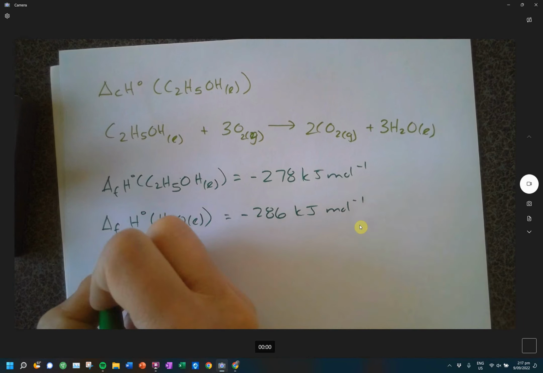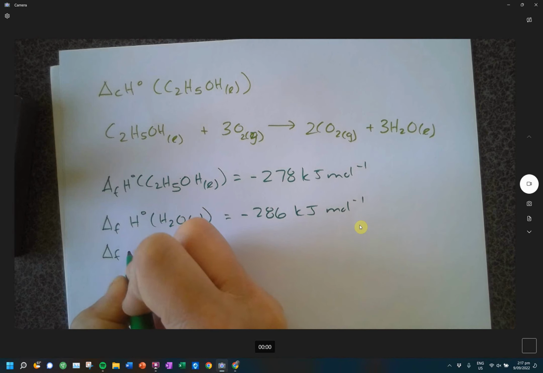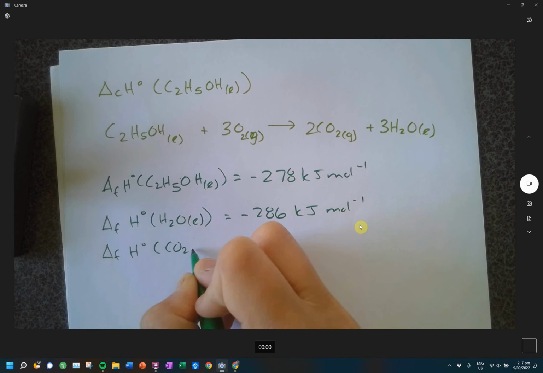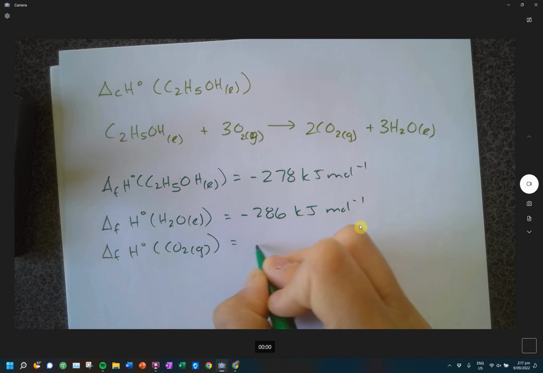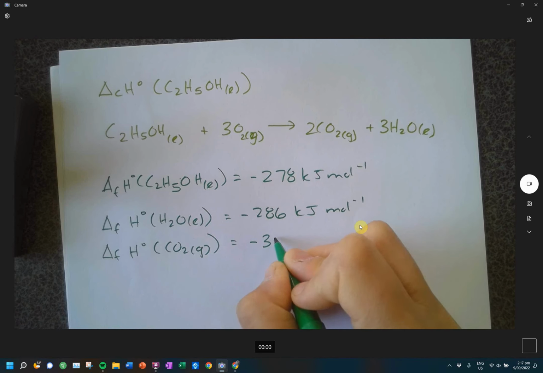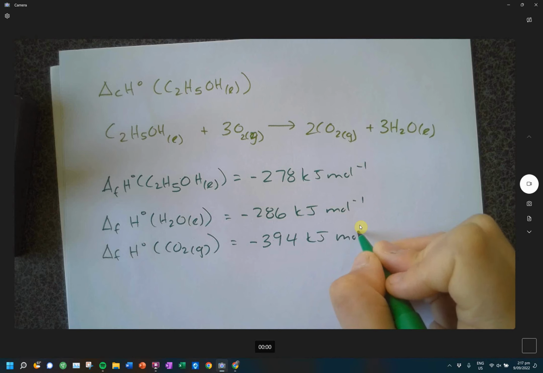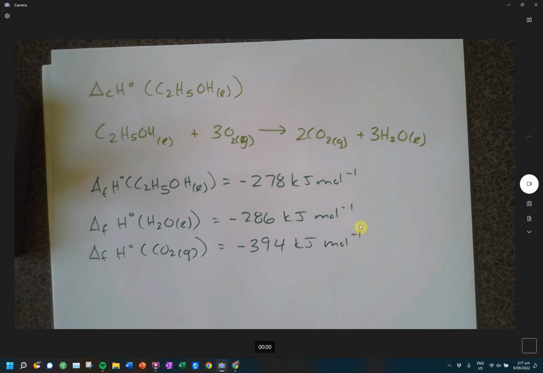And then the formation for CO2 in the gas form is negative 394 kilojoules per mole. All right, so I'm going to make the note that the shortcut only works if you have everything in formation.